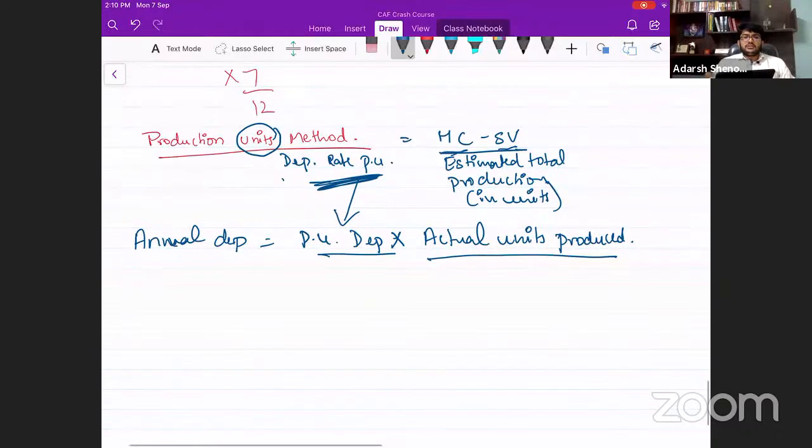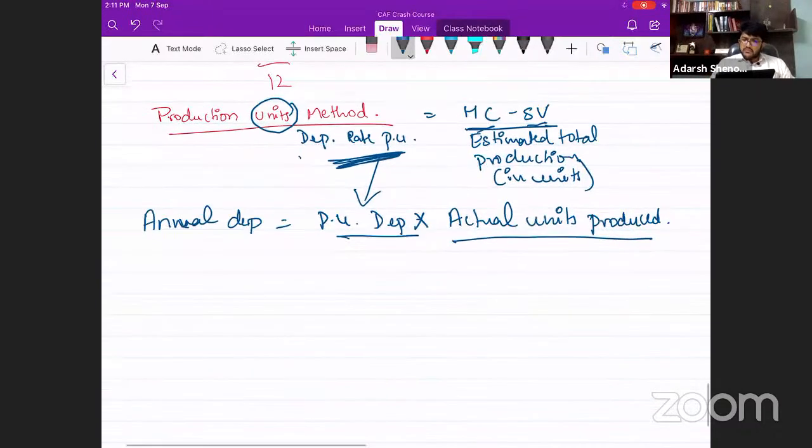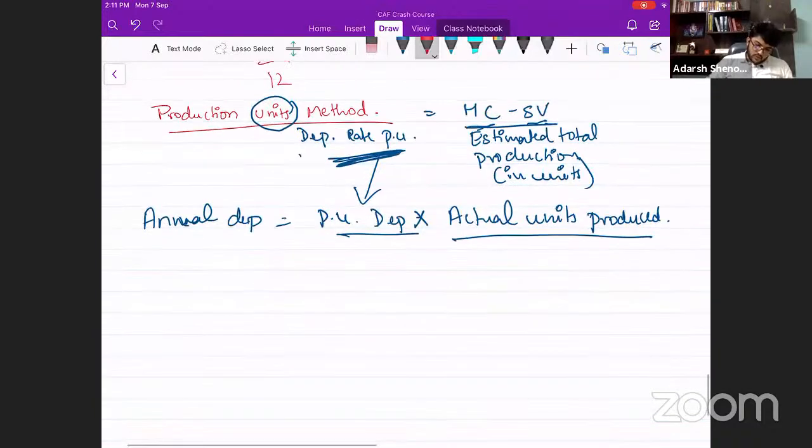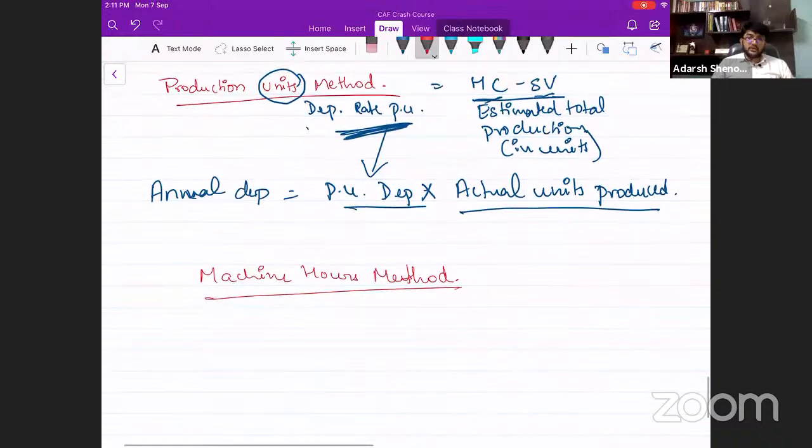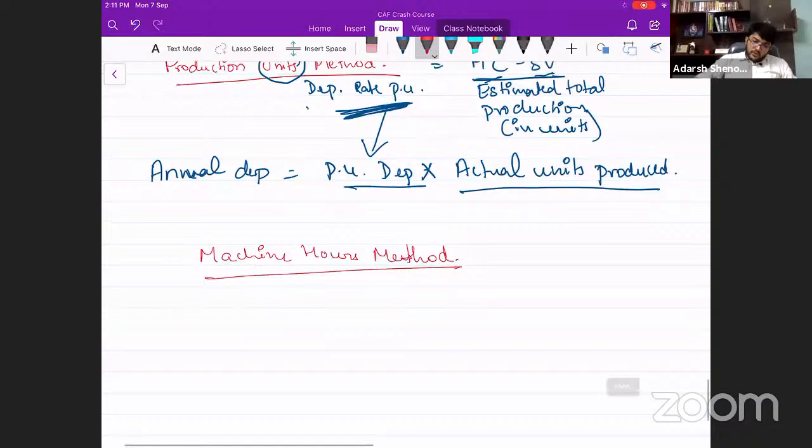Yes. The same principle or the same formula is also used in the case of the machine hours method. In the machine hours method, we don't calculate it on the basis of units. We rather calculate it on the basis of hours. Same formula.